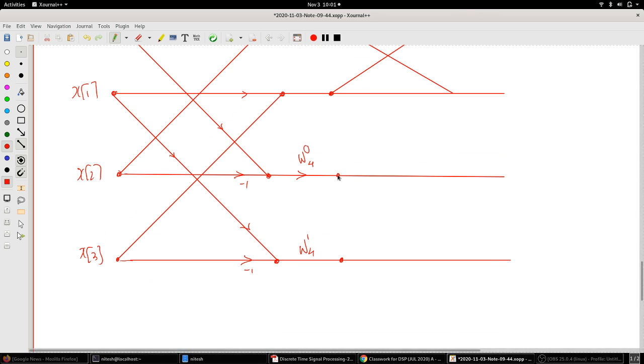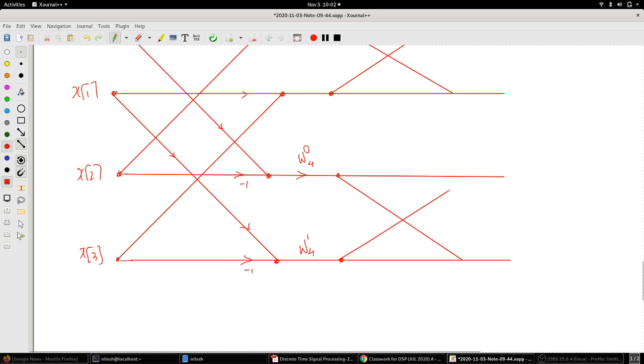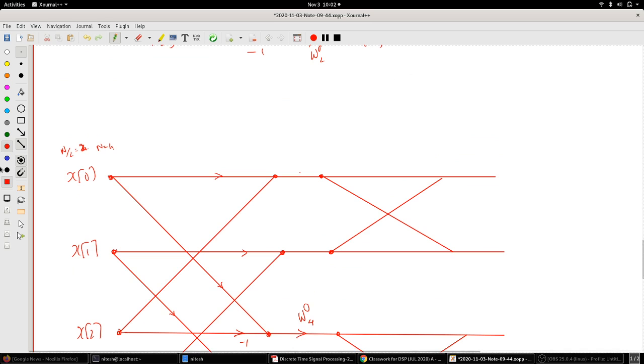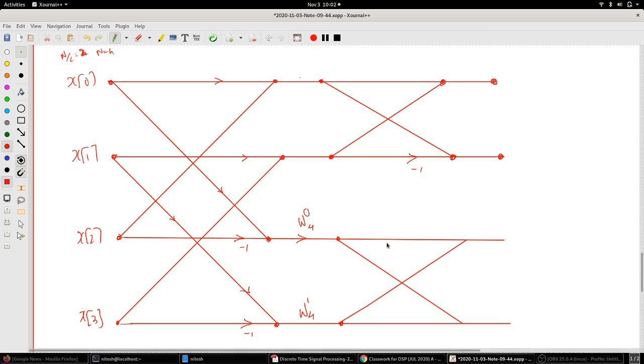This is -1, and this guy here will be multiplied here, this guy will be here, this is -1.